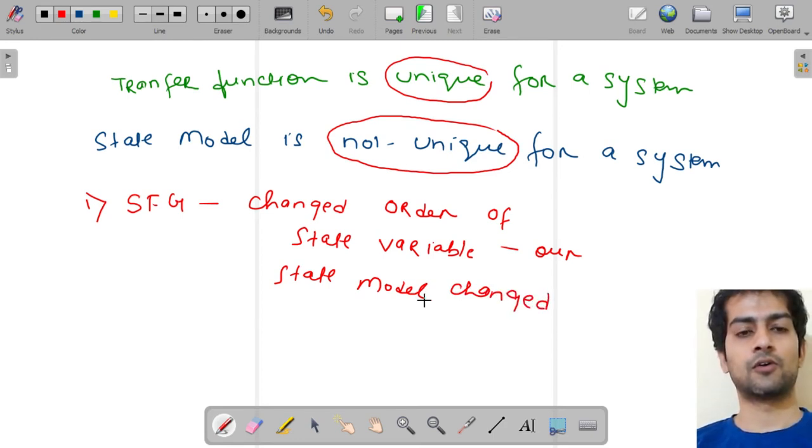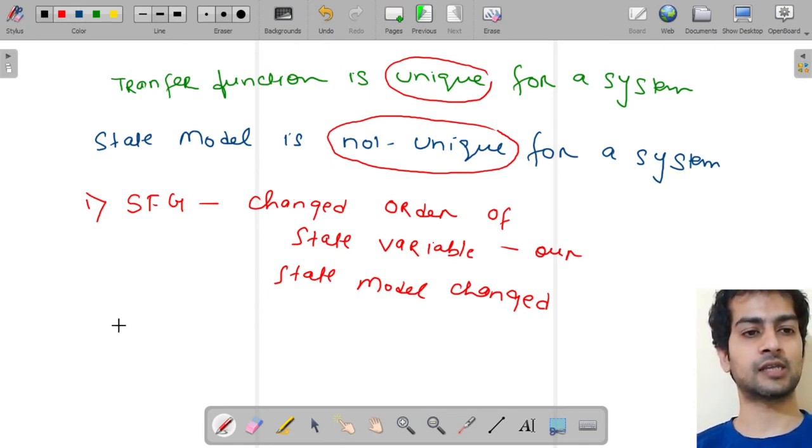So for the same SFG, we were getting two state models, but it will never happen for a transfer function. For one SFG, you will get only one transfer function. But here, when we were changing the order of the state variables, our state model was changing.